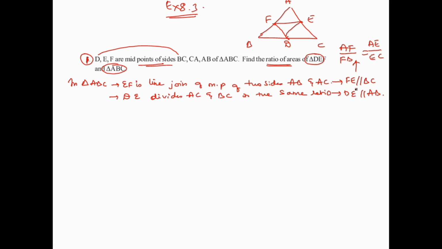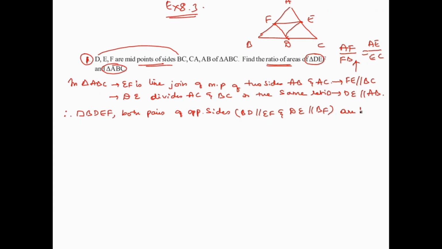Now, if you look at this part here, in the quadrilateral BDEF, both pairs of opposite sides are parallel. So what are these sides? BD is parallel to EF, and also DE, if you look at the diagram, is parallel to BF.